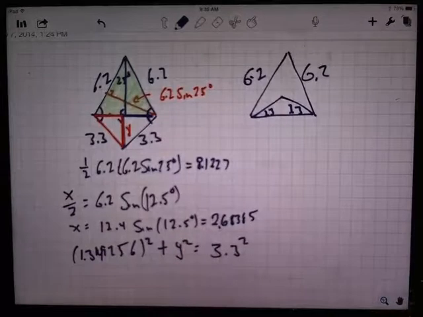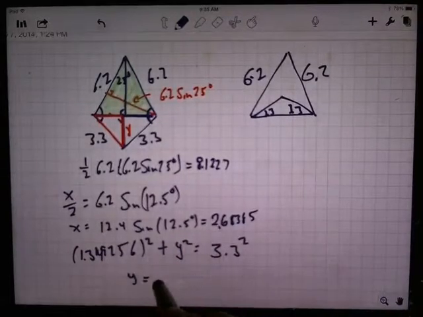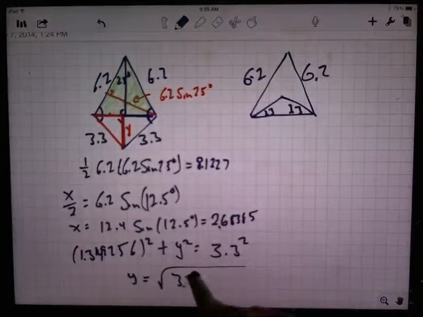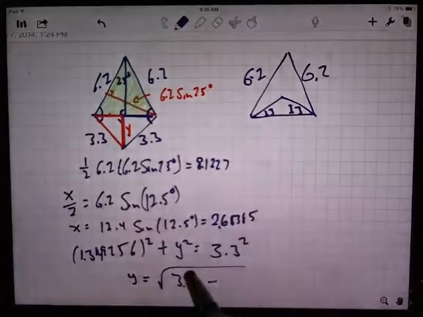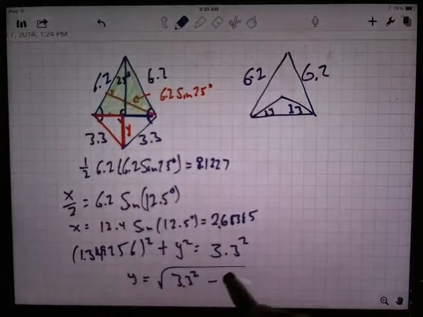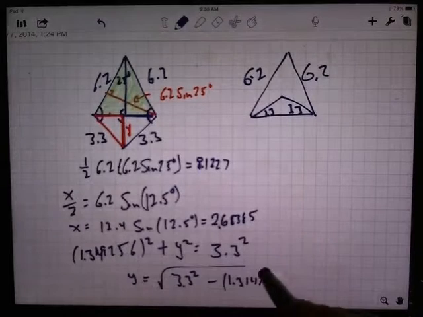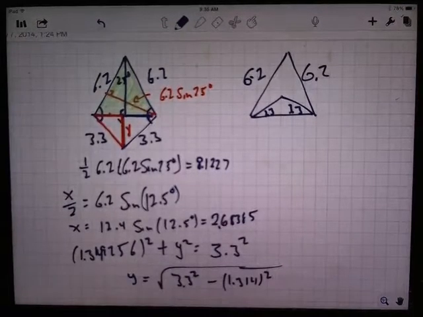So I can calculate y by the square root of 3.3 squared minus this thing here, right? Now I'm doing it on my calculator, so I'm carrying as many decimal places as I possibly can here.